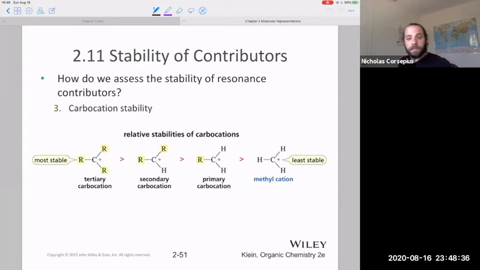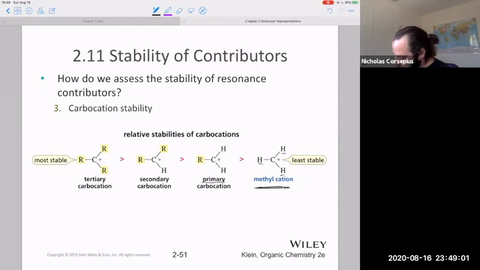Another way to assess stability of a resonance contributor is to take into consideration carbocation stability. Not all carbocations are created equally, and we'll explain why a little bit later, but for now, I just want you to know this is the deal. The least stable carbocation is going to be the methyl cation, or when there are only hydrogens attached to that positively charged carbon.